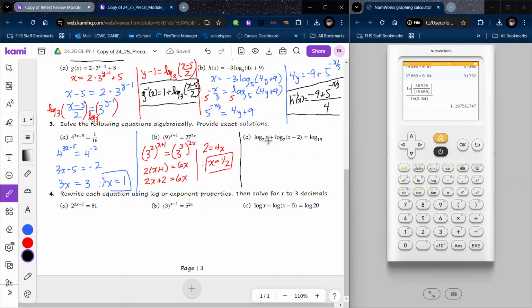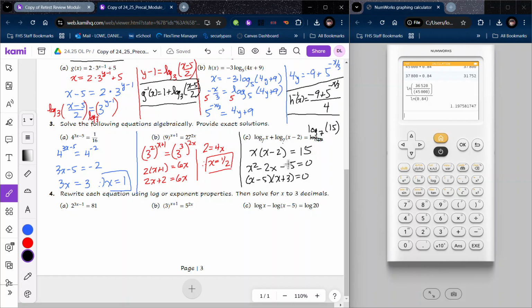For logarithms, here I have the same base of 7 for each, and apparently I have a typo over here. This should say log base 7 of 15. We'll get that corrected. All right, so I have base 7 for each of these, so that means that x times x minus 2 must be equal to 15 because of my properties of logarithms, which means that x squared minus 2x minus 15 must be equal to 0, which means that x minus 5 times x plus 3 must be equal to 0.